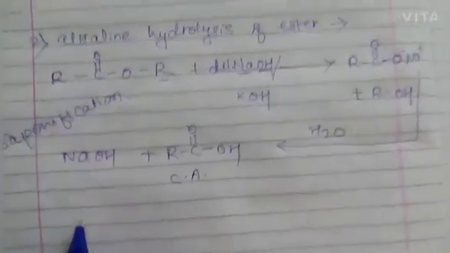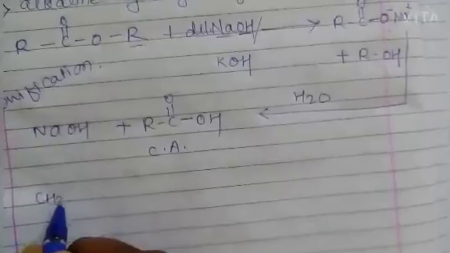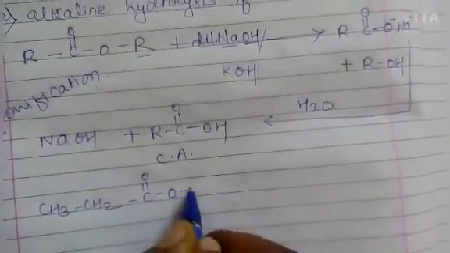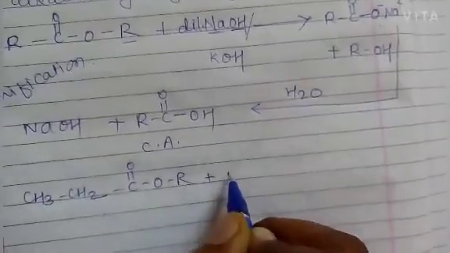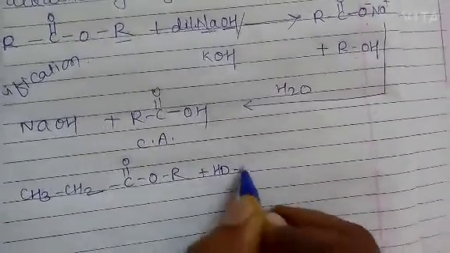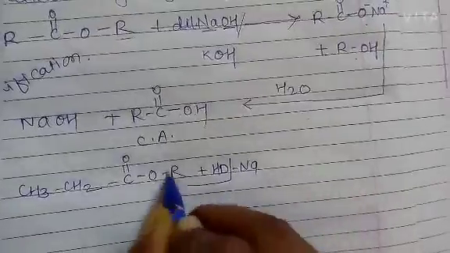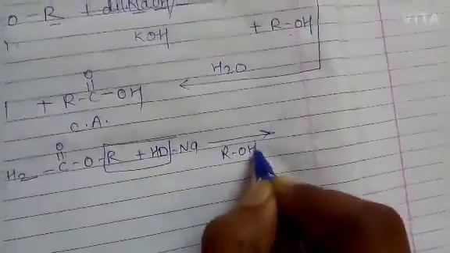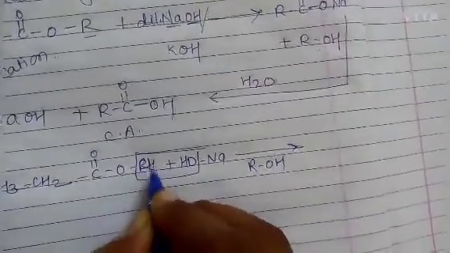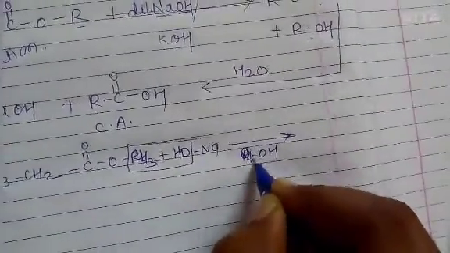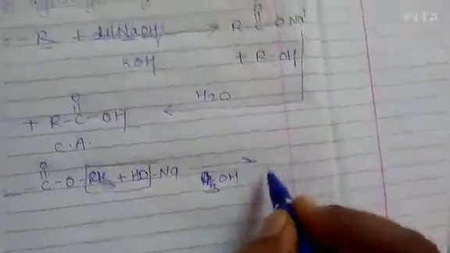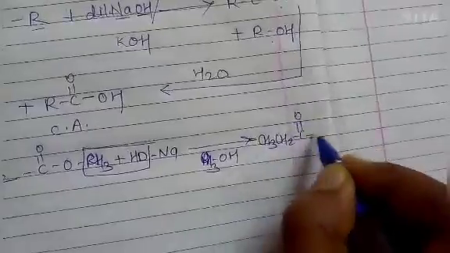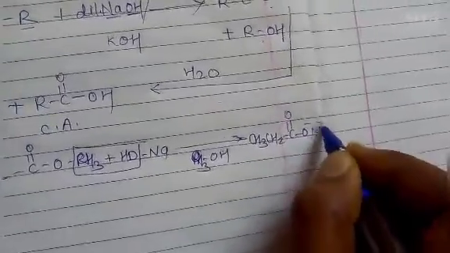We'll solve one example of this. CH3CH2 C double bond O OR plus, I will write NaOH like this, then it will be easy to understand. This OH and this R will remove the alcohol. Here I will write CH3, then it will form CH3OH, and this is CH3CH2 C double bond O minus Na plus.